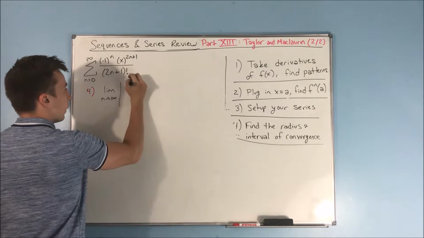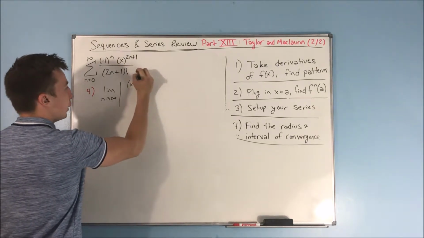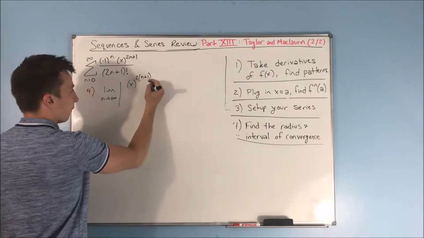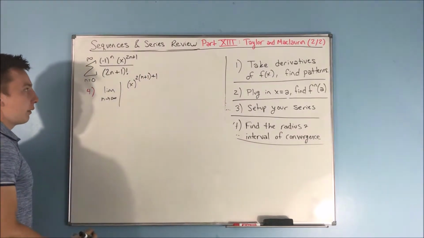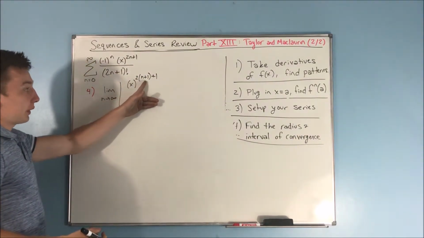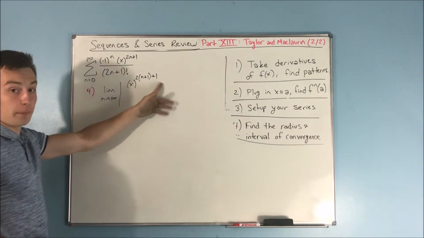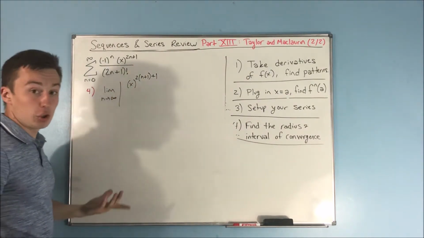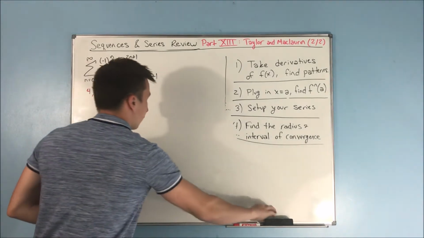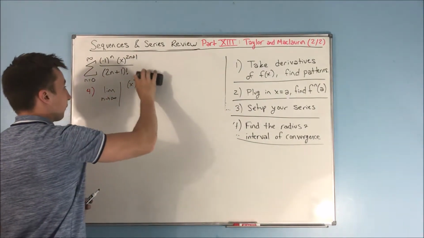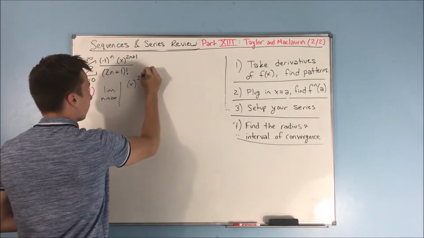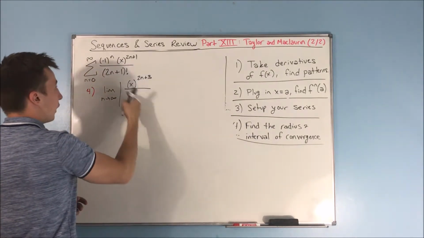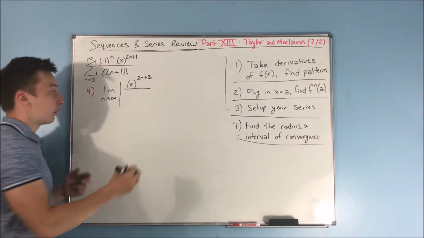So we have an x to the 2 times n plus 1, plus 1. That's just 2n plus 2, and that'll be plus 1, so we have 2n plus 3. Now this will be over 2n plus 3 factorial.